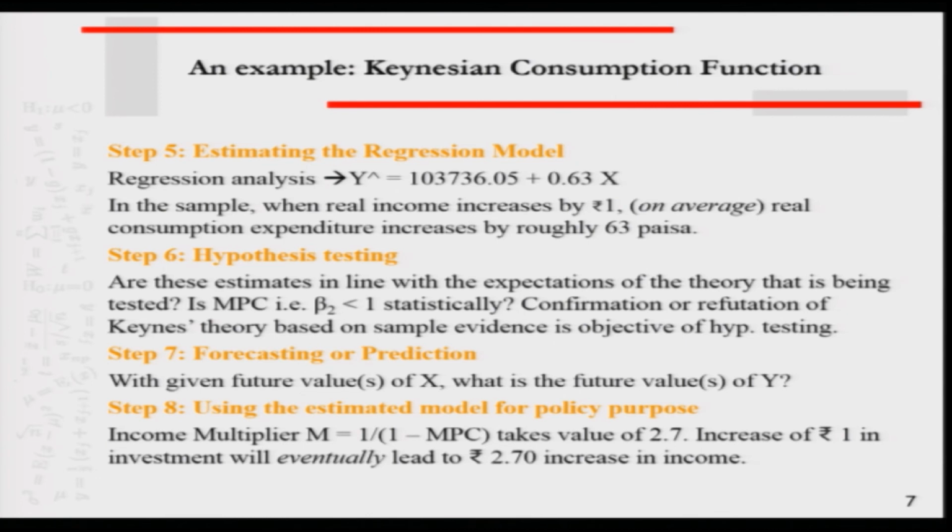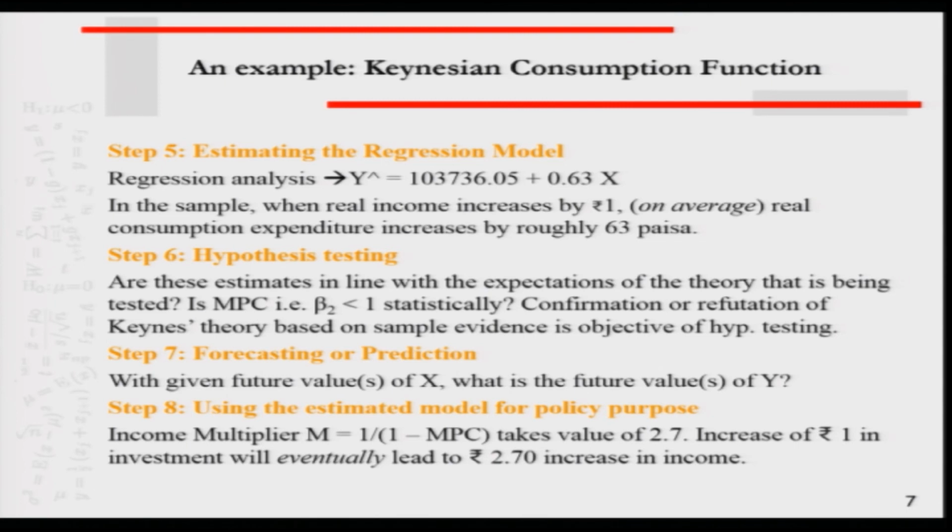In words, when real income increases by rupee 1, on average real consumption expenditure increases by roughly 63 paisa. This is the estimation part of the statistical inference.